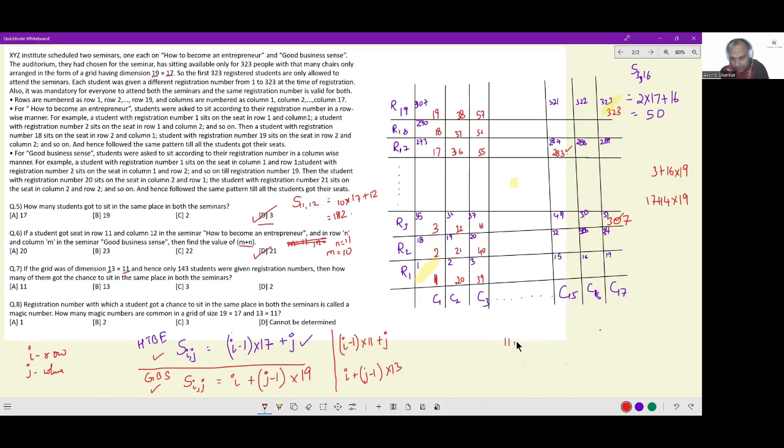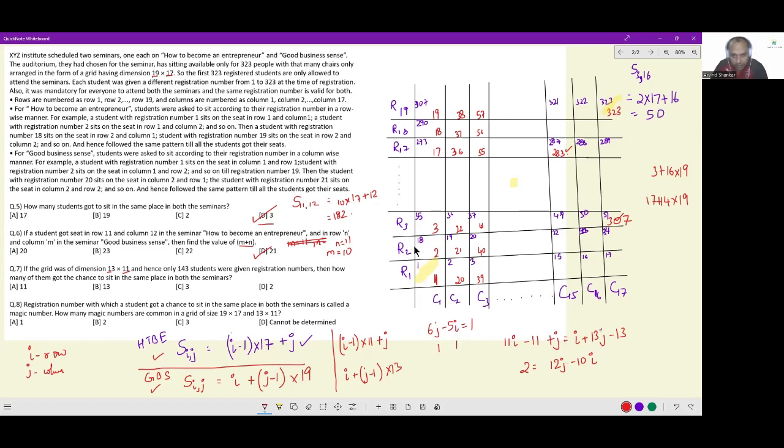We get 11i minus 11 plus j is equal to i plus 13j minus 13. This 13 comes to the left hand side, we get 2 is equal to 12j minus 10i, or 6j minus 5i is equal to 1.